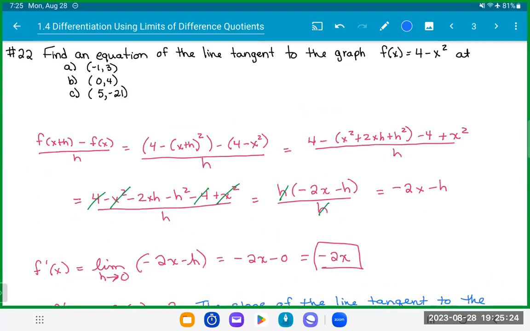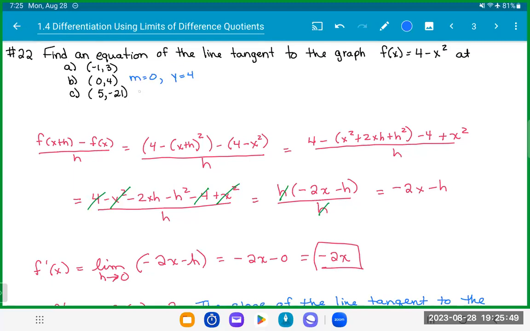All right, so I'm going to just come back up here and I will tell you that for part B, for this one, our slope is going to equal 0 and our equation will be y equals 4.